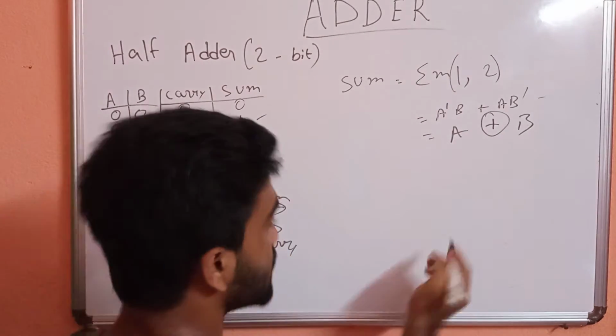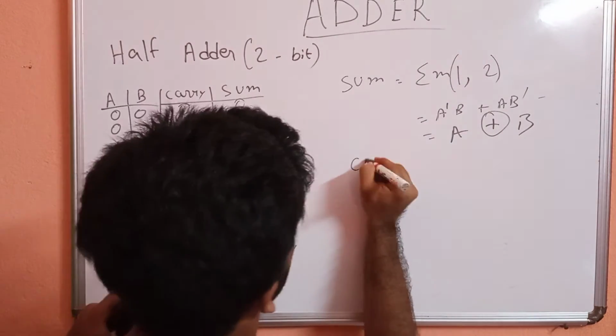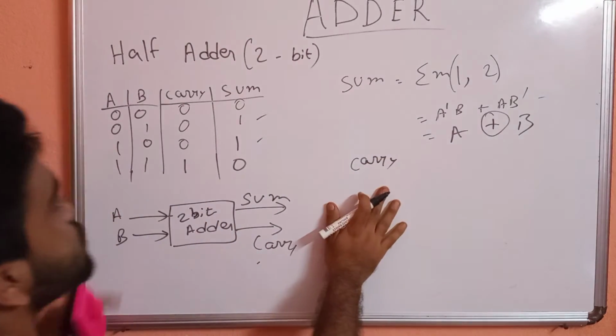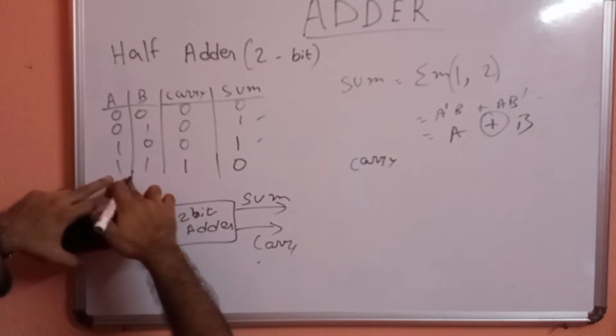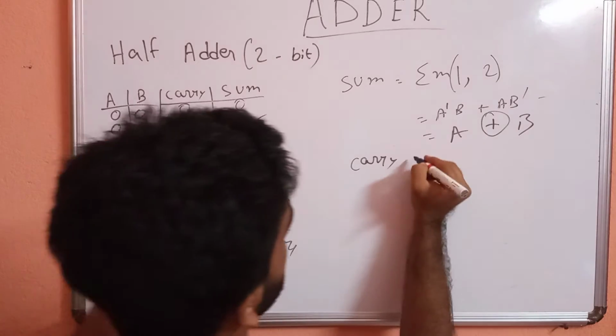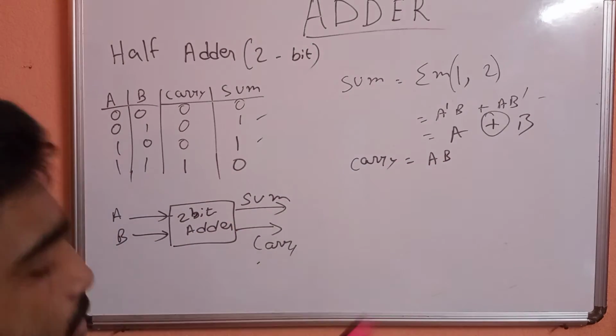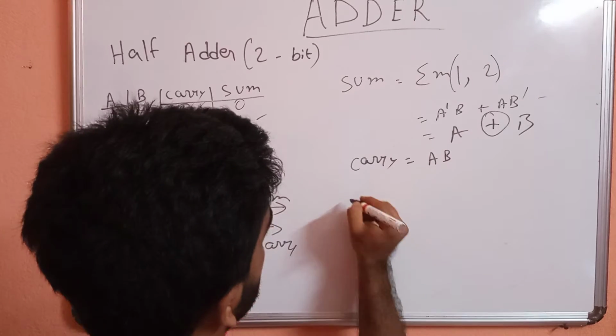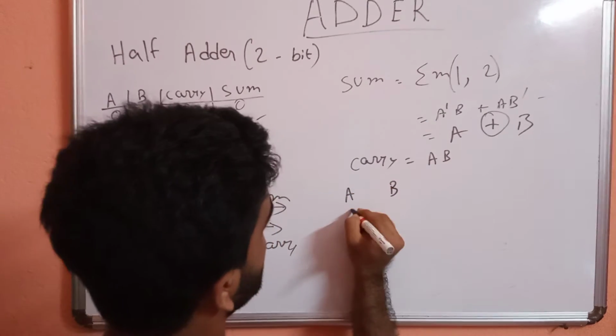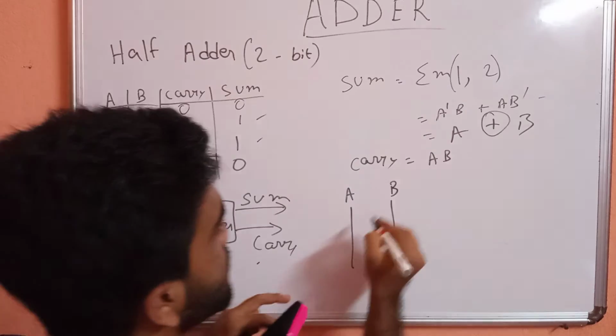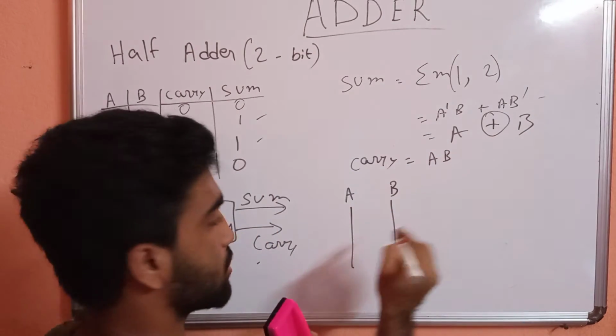Now the carry part. What will the SOP expression for carry be? A and B is AB. Now if you want to draw the circuit diagram of this, how will we draw it?